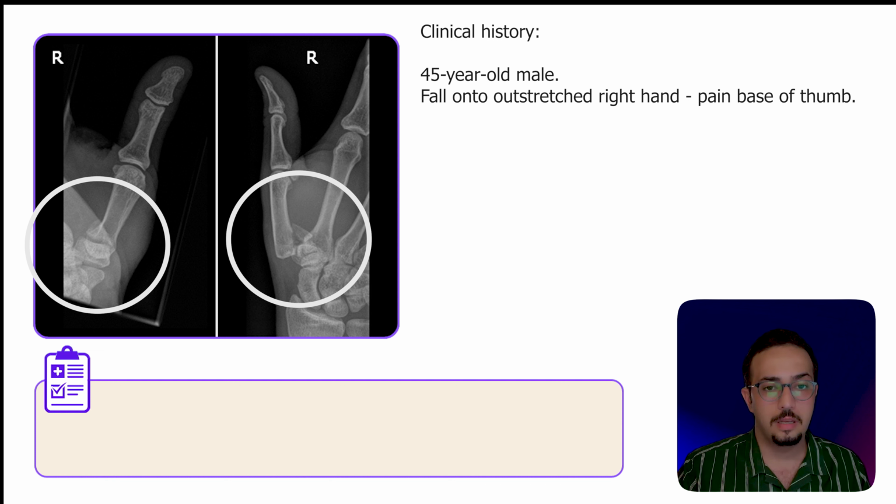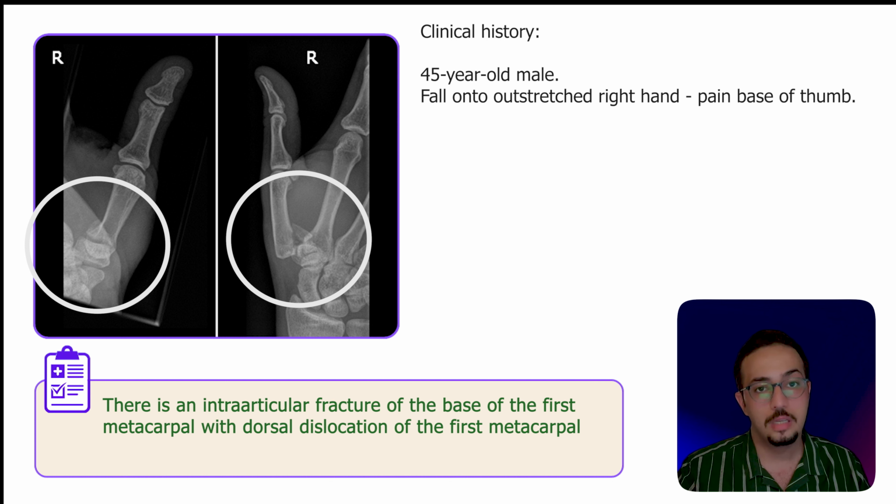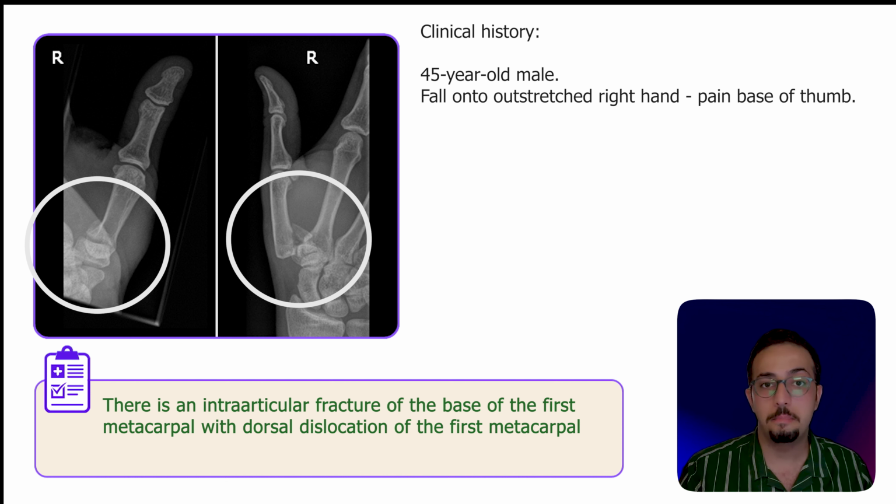As you can see, the fracture happens inside the joint, so it's an intra-articular fracture of the base of the first metacarpal, and you can see the dislocation to the dorsal area, with dorsal dislocation of the first metacarpal. So this appearance suggests a Bennett's type fracture.